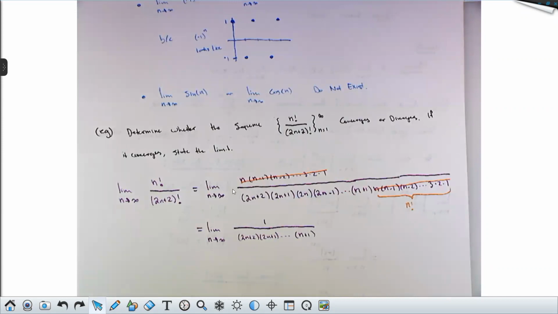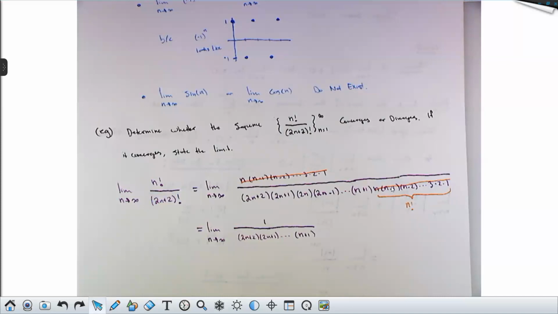But on the right side, how did you end up with n factorial to cancel it out? So 2n plus 2 is bigger than n, and 2n plus 2 factorial is the product of all positive integers less than or equal to 2n plus 2. So because n is smaller than 2n plus 2, there will be a copy of n factorial hiding inside of 2n plus 2 factorial.